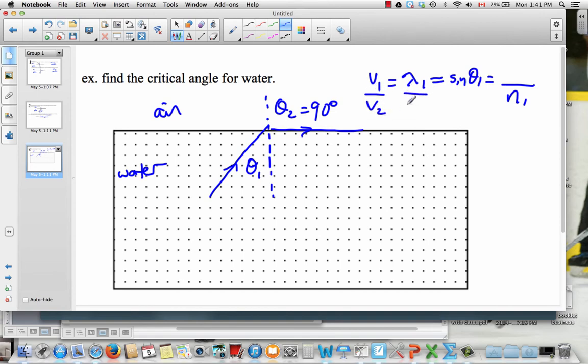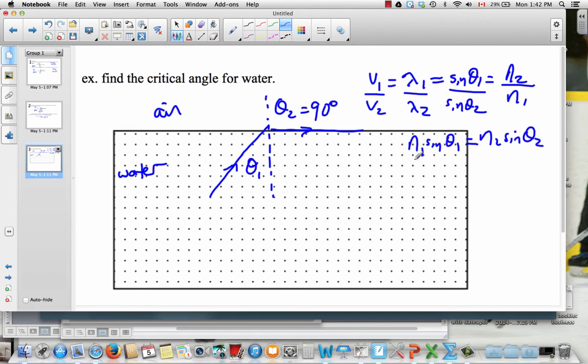So speed and wavelength are in proportion to angle and inversely proportional to the index of refraction. So if we rearrange that, then we could say that n1 sine theta 1 is n2 sine theta 2.